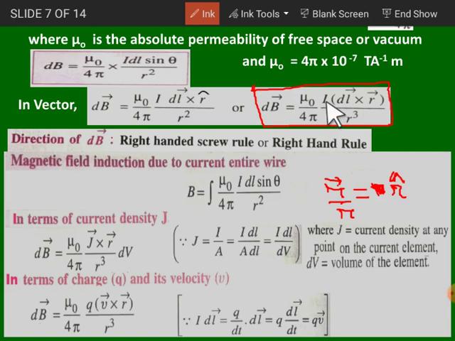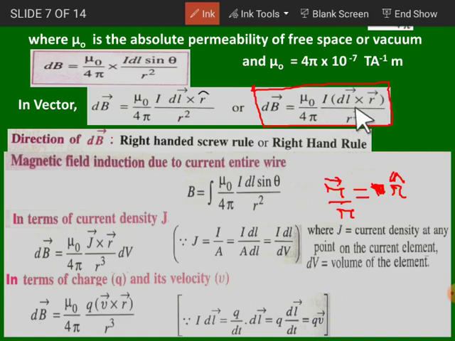Or instead of that, you can use the right hand curl rule also. From the first vector, if you try to curl your four fingers, stretched mutually perpendicular to the thumb, from the first vector to the second vector, then the direction of the thumb will give you the direction of this dB vector. This dB vector will be perpendicular to both I dl and r vector.